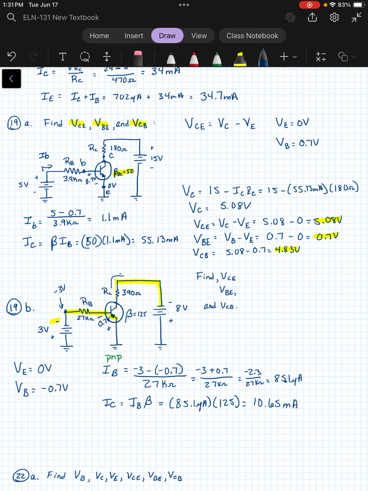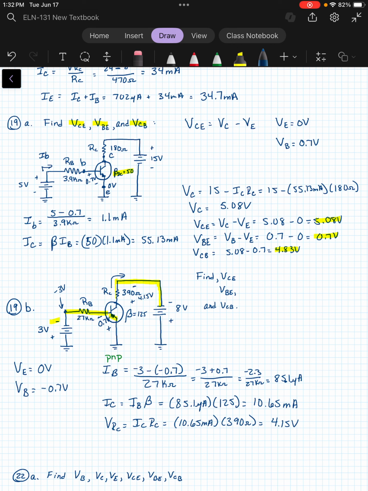That will give us the voltage drop across RC. IC times RC using Ohm's law, so 10.65 milliamps times 390 ohms is about 4.15 volts. Now that voltage drop is in this direction, 4.15 volts. So again, we've got 0 volts here, 0 volts here.